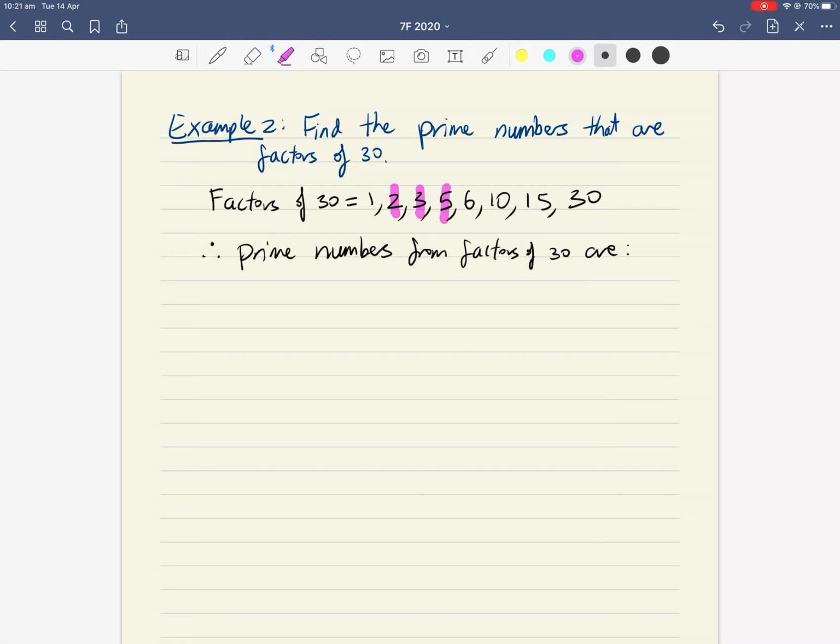And 30 is even, so 30 is not prime. So the only prime numbers from factors of 30 are 2, 3, and 5.